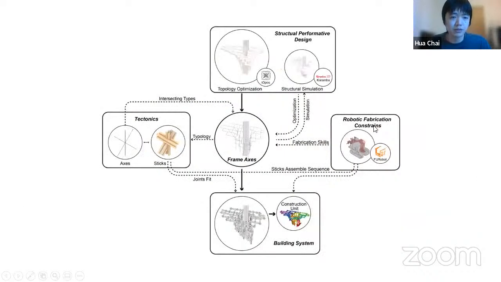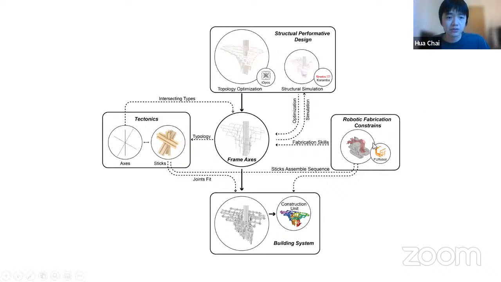We also take topology optimization as a tool to find the layout of the frame axis, which is actually a series of polylines composed of only horizontal, vertical, and 45-degree segments.